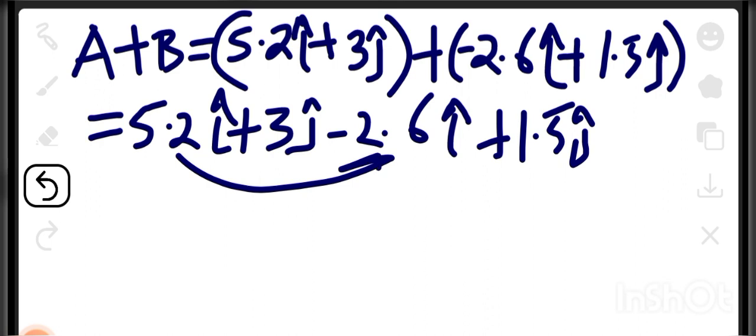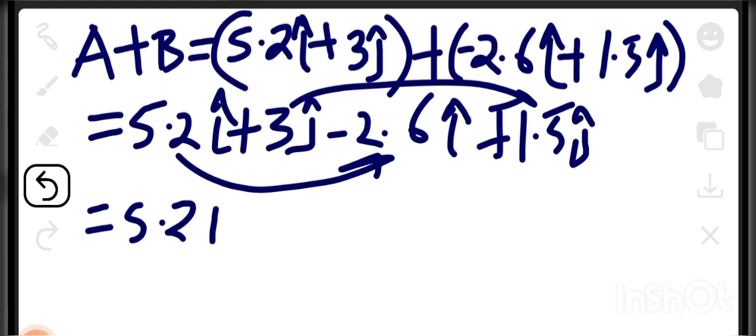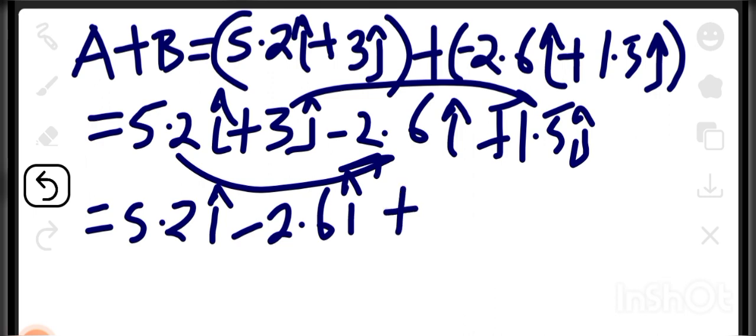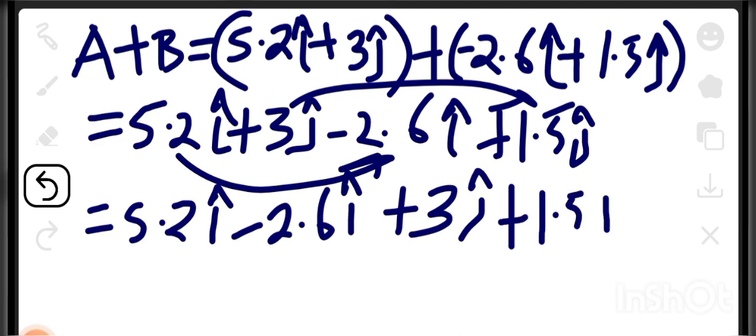Next thing, you add i to i, add j to j. You're going to have 5.2 i minus 2.6 i plus 3j plus 1.5 j. So what are we going to have here?